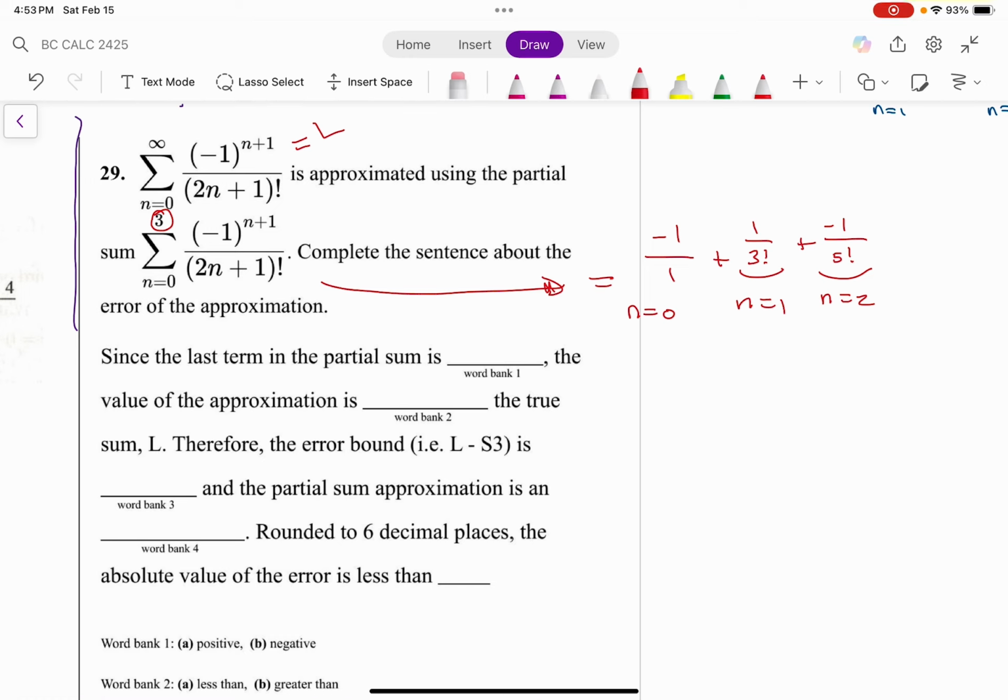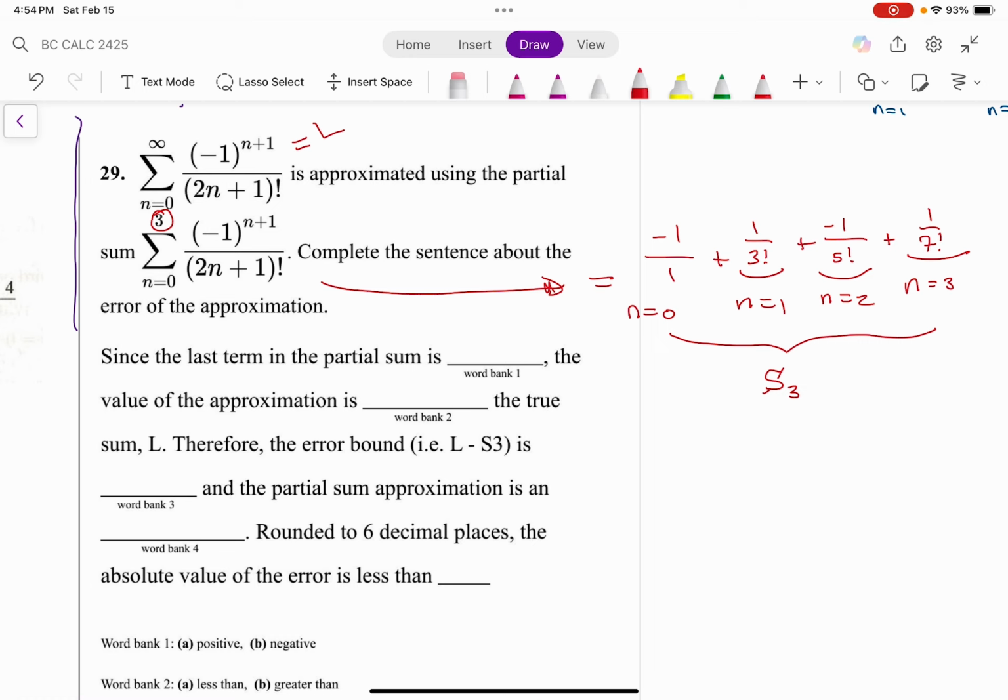And then if n is 3, we get plus 1 over 7 factorial. Okay, this is the first four terms, so we can call this S3. I guess you could call it S4 if you consider the 0th term, the first term, but I'll just call it S3.